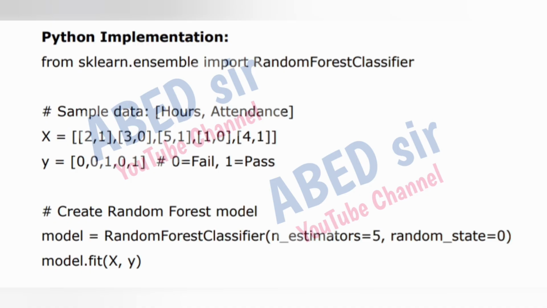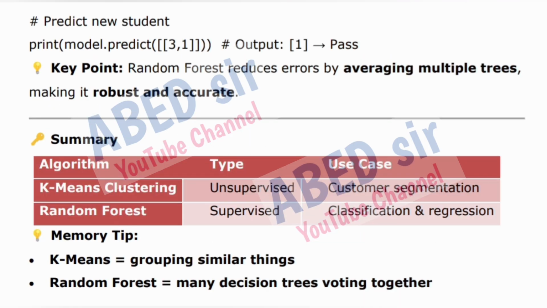Model is equal to RandomForestClassifier(n_estimators=5, random_state=0). model.fit(X, y). # Predict new student. Print model.predict([[3, 1]]). # Output: 1, pass. Key point: random forest reduces errors by averaging multiple trees, making it robust and accurate.